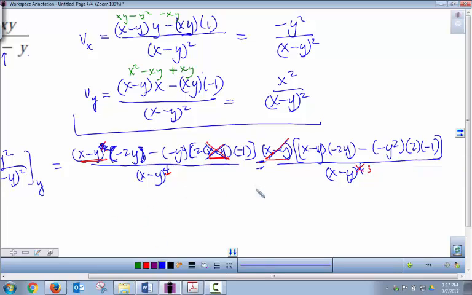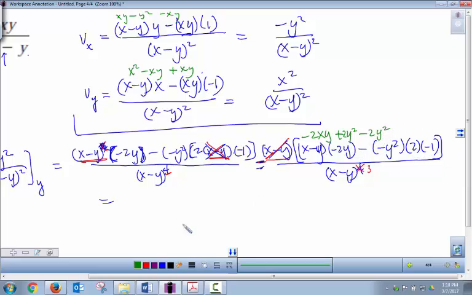And then let's continue to simplify this, and then I'll write up what's going on up here. I have a negative 2x times y. Negative negative is a positive 2y squared. And then here I have a negative, and a negative negative is a positive. So that's negative times a negative times a negative, which ends up being negative, and then a 2y squared.